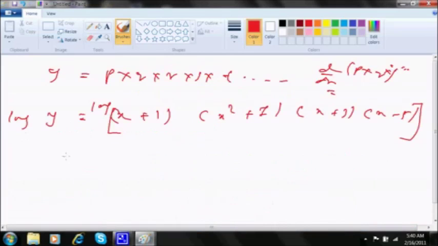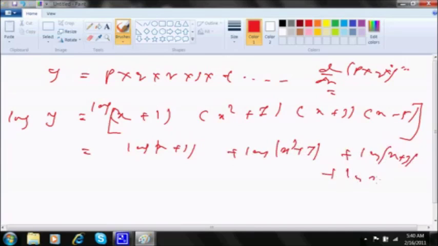So here this is log of x plus 1 plus log of x squared plus 7 plus log of x plus 3 plus log of x minus 5. Let anybody give me any number of terms like this. I can solve it instantly that way. So this is log y.